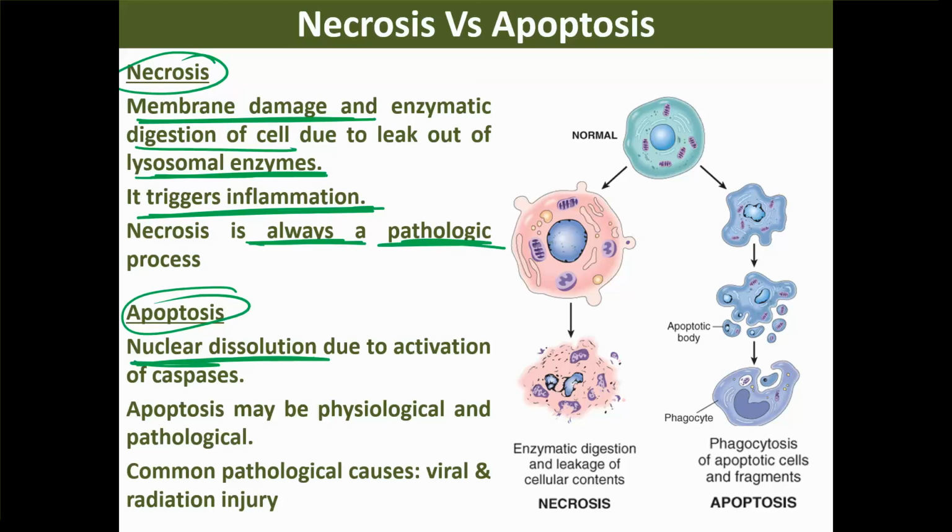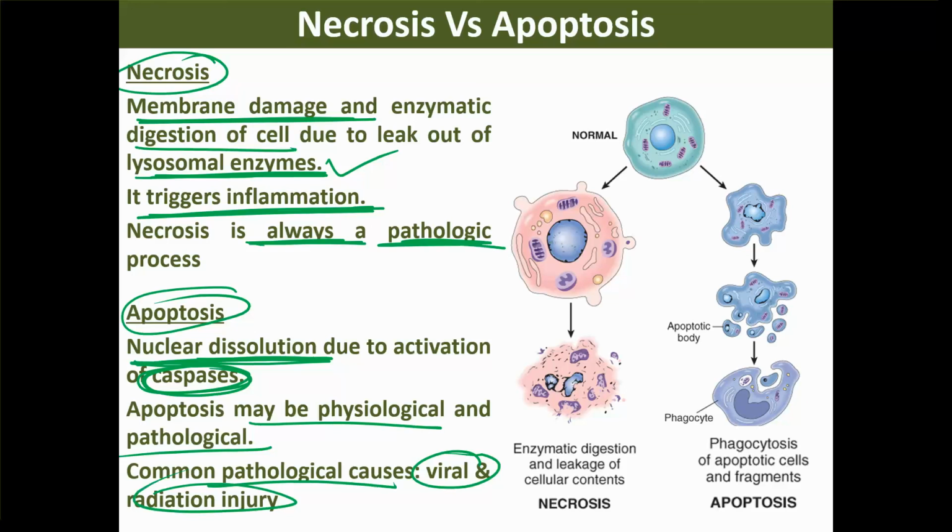Dissolution means the nucleus becomes like a fluid, complete dissolution of the nucleus, and this is due to the activation of the enzyme caspases, whereas in necrosis it is lysosomal enzymes. Apoptosis may be physiological and pathological. Common pathological causes are virus and radiation injury.